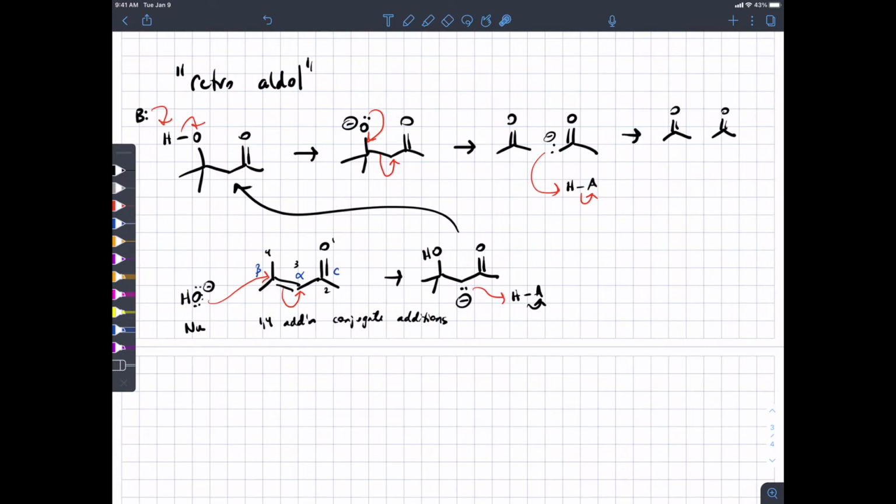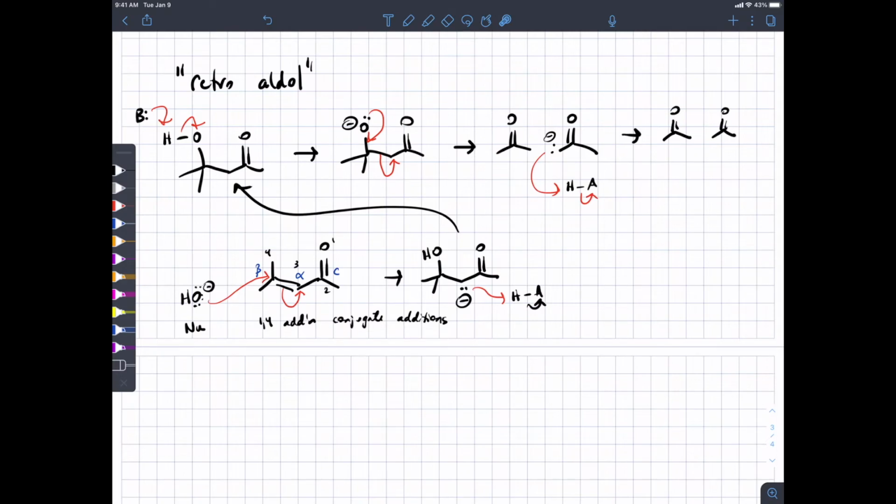So you're not going to have to guess that that happens or be able to predict that it happens. But if you understand the mechanism, you're going to know that you need to go from the alpha-beta unsaturated to the beta hydroxy, and having the OH attack at the beta carbon is the only way to do that. All right? I'm not sure if I explained that very well, so what questions do you want to ask?